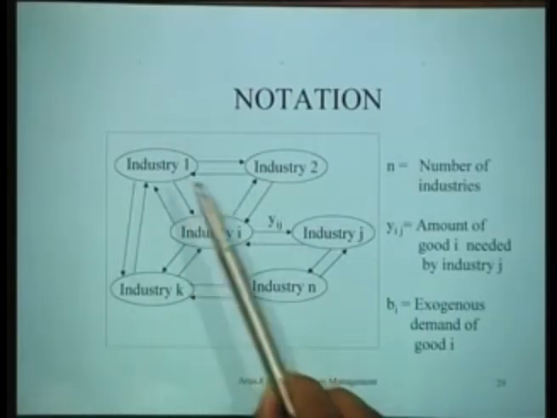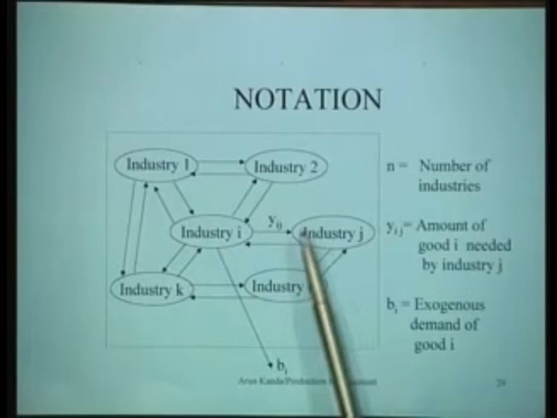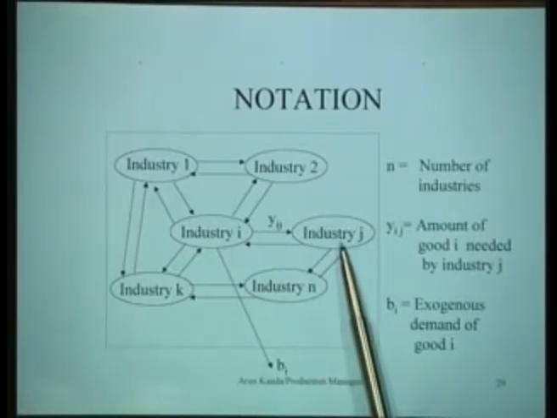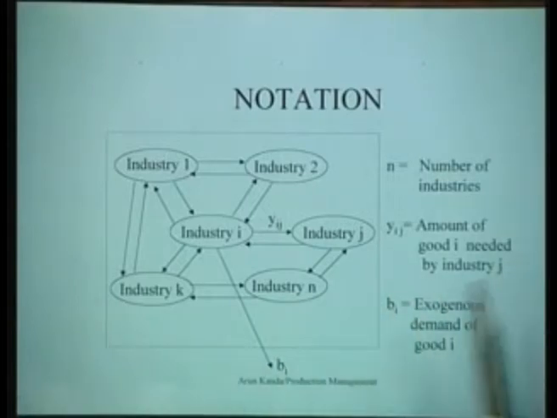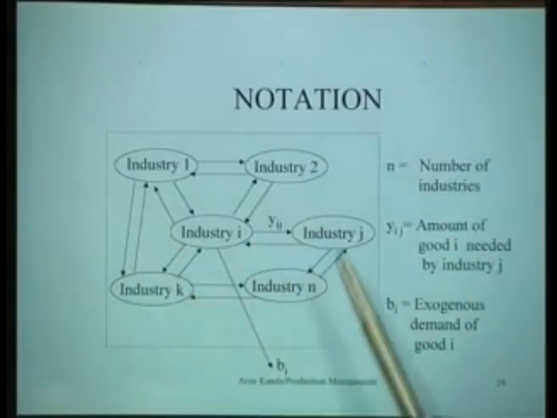So, we have industry 1, 2, 3 and so on up to n, and let us look at some two industries. Let us call this industry I and this industry J, just to understand the notation which we shall be using for this particular model. So, n is the total number of industries.